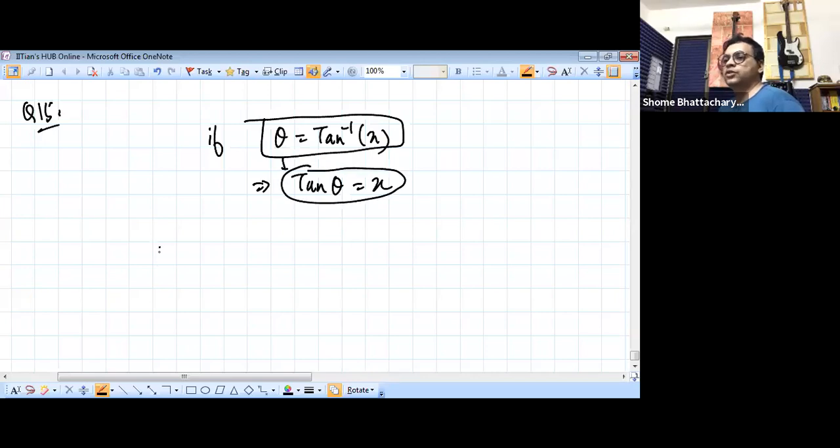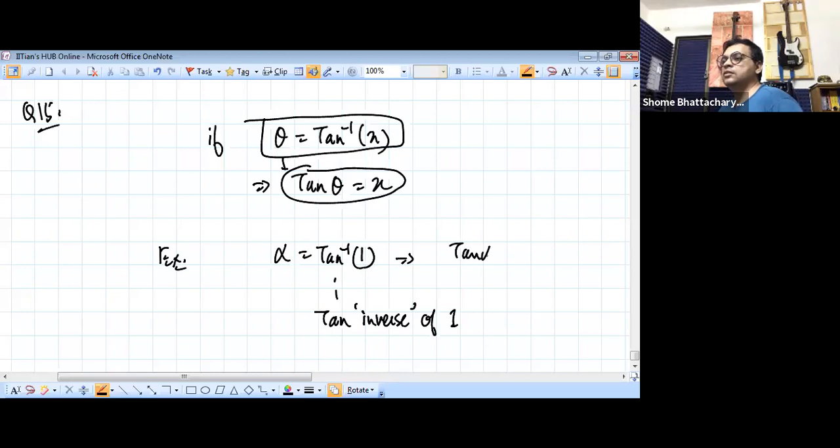Understanding the point? For example, if I say that alpha is equal to tan inverse of 1, this statement implies that tan alpha is equal to 1, which further implies that alpha is equal to 45 degrees. No, that is reciprocal, a different thing.